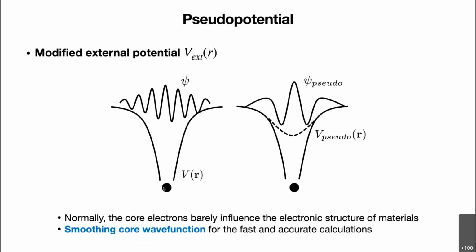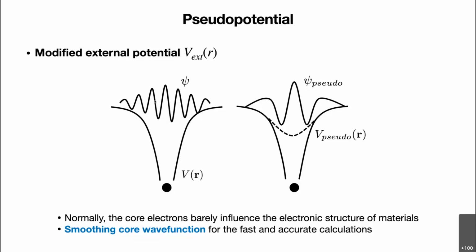But we know that core electrons never influence the electronic structure of materials, because the valence electrons play a key role in the fundamental properties of material. So we just modify this core part with a very smooth wave function.